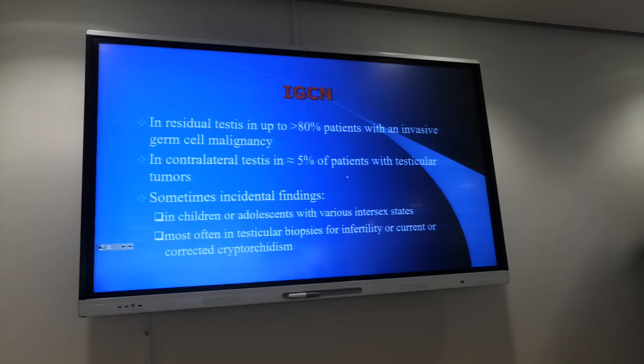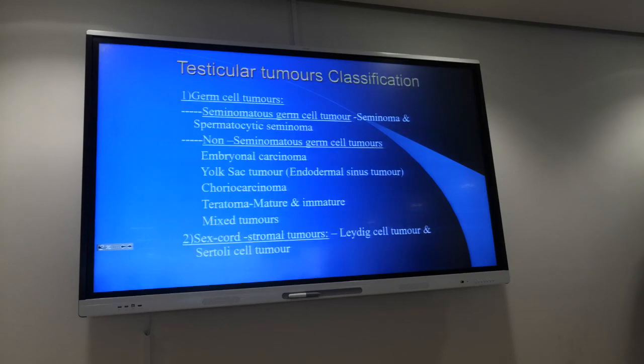You may also see it during workup of infertility, and you now know why those patients present with infertility. This is the cause, because the IGCN tubules are not fertile. They are not undergoing spermatogenesis. They are simply malignant cells. So this explains why they present to the infertility clinic.